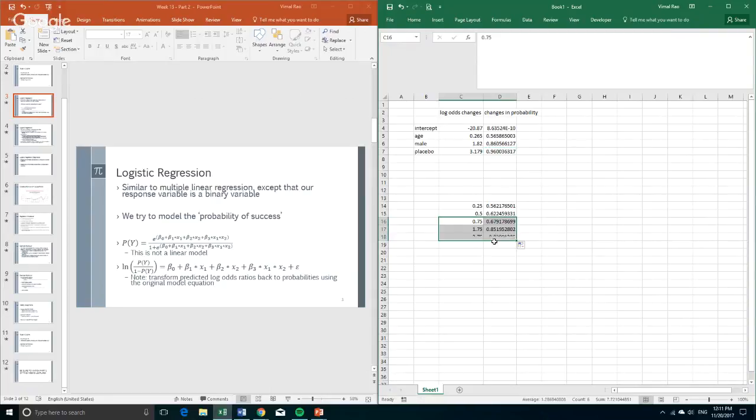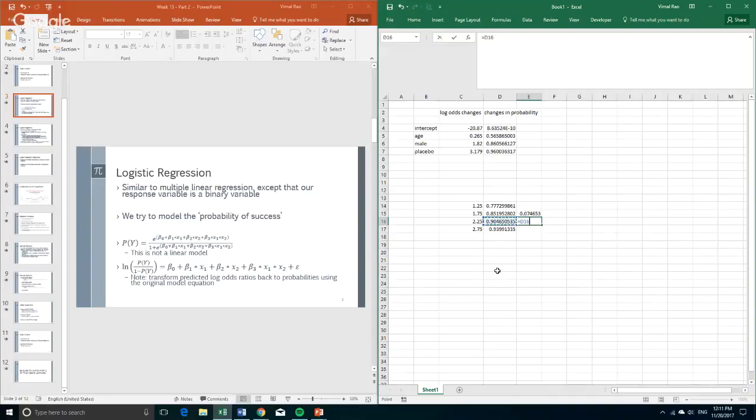And let's actually do one, let's do 1.25, 1.75, 2.25, 2.75. Let's just do those. So each of these are 0.5 apart, okay? So if the log odds increases by 0.5 between 1.25 and 1.75, the probability increases by 0.7.